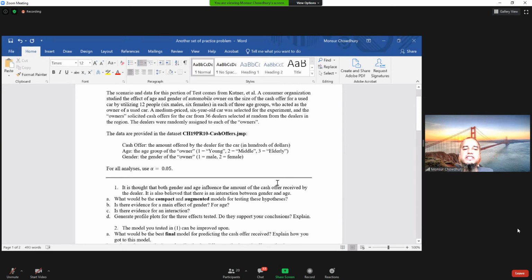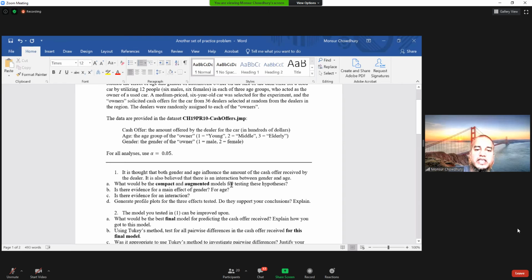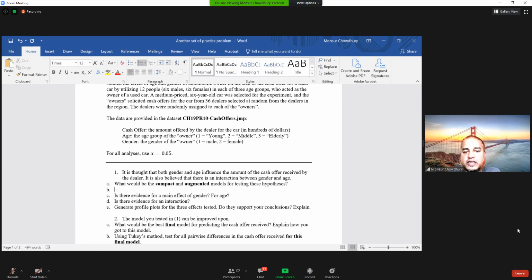Now, the first question I ask you: it is thought that both gender and age influence the amount of the cash offer received by the dealer. It is also believed that there is an interaction between gender and age. What would be your compact and augmented model in this case? Model C and Model A. Can anyone tell me?